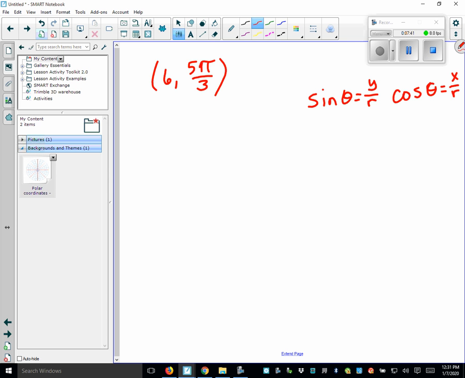If I took both of these equations and multiplied both sides by r, then I would get y equals r sine theta and x equals r cosine theta. Yes or no? Yes. That's what I use to convert these to rectangular.